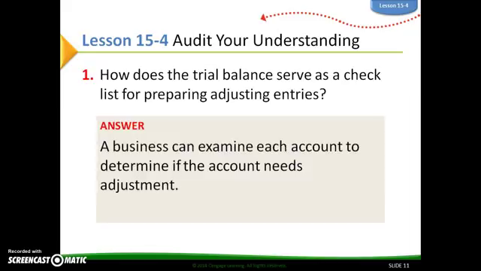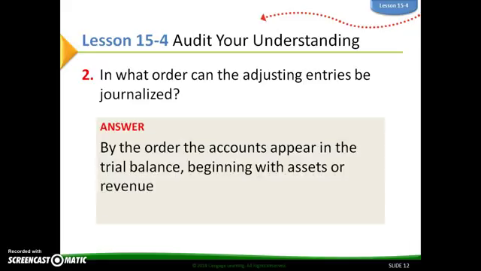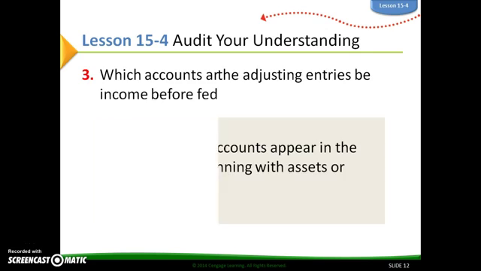All right, so how does a trial balance serve as a checklist for preparing those adjusting entries? Businesses get to examine each account and determine if the account needs an adjustment. So the trial balance is actually really helpful as you think about what adjusting entries might be necessary. What order can adjusting entries be journalized? The order that the accounts appear in the trial balance, beginning with assets or with revenue.